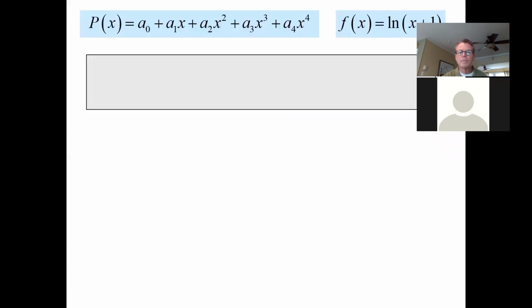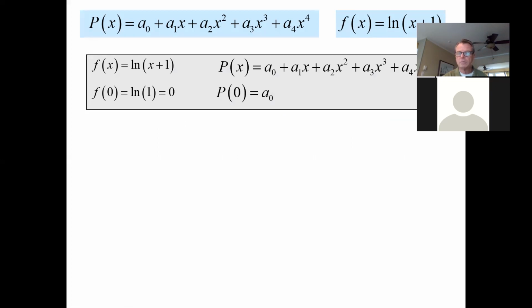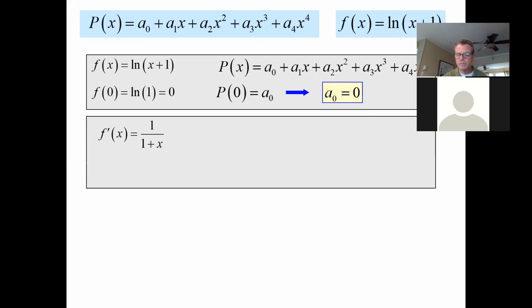So we do this. You put 0 in the function, and it gives you ln 1, which is 0, which makes your leading coefficient 0. You differentiate natural log of x plus 1. You put 0 in the derivative. Ready? And you have 1 over 1.